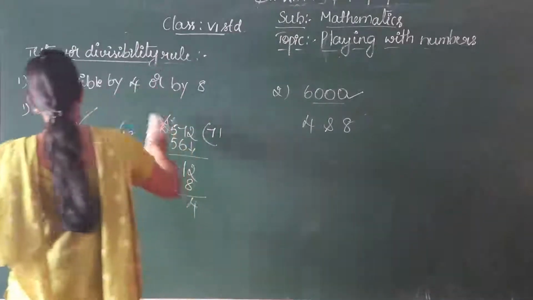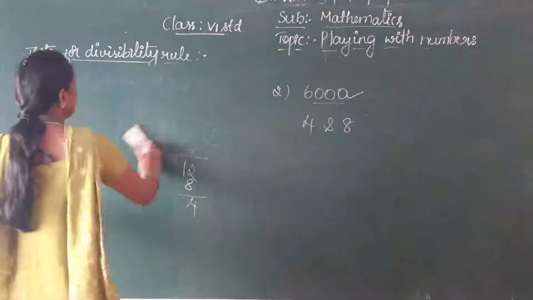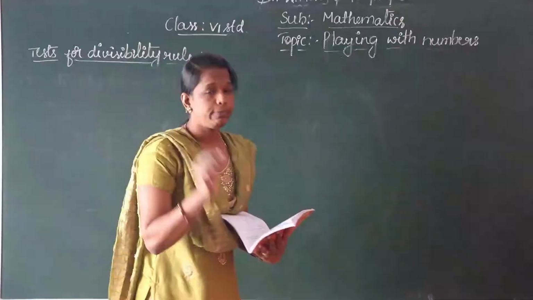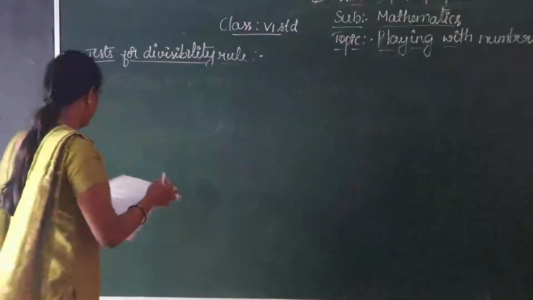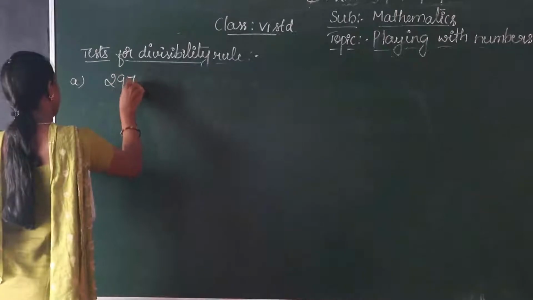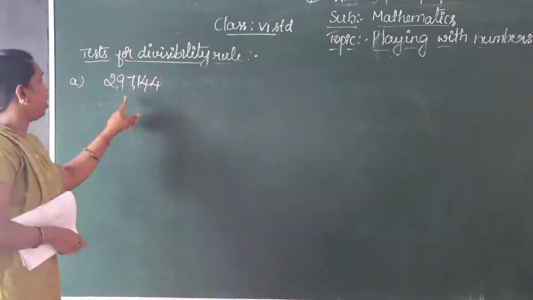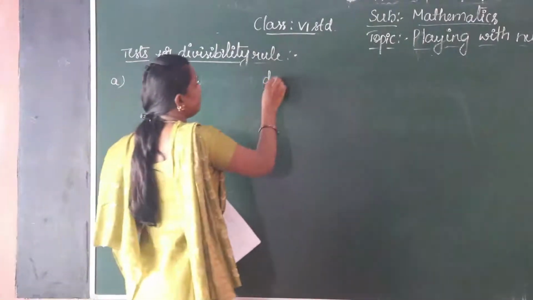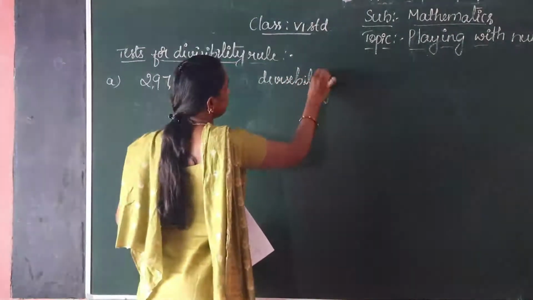Using the divisibility test, determine which of the following numbers is divisible by 6. You know, children, the divisibility rule by 6 means the number is divisible by both 2 and 3. Here I will take 2,97,144.